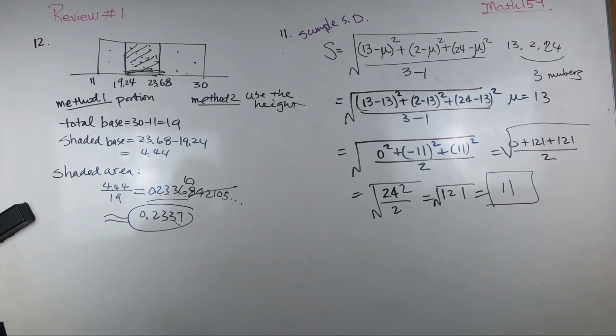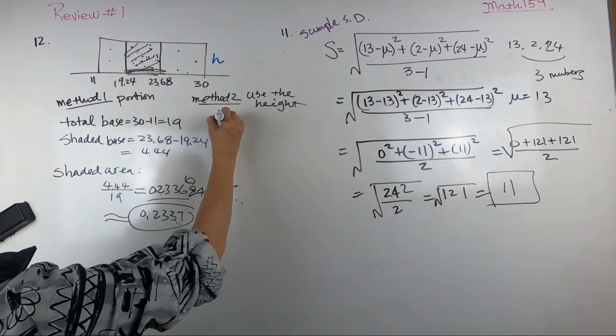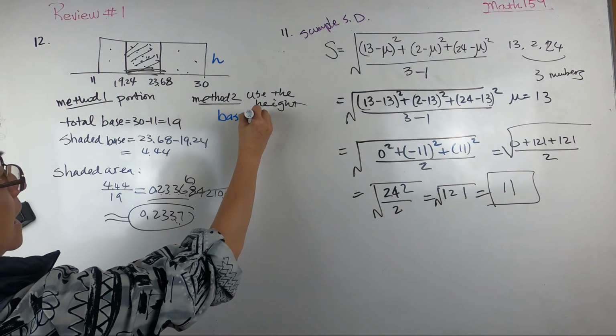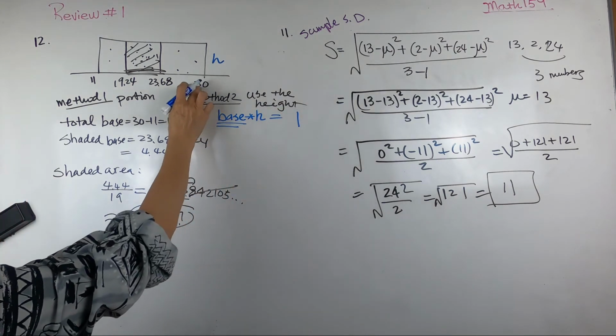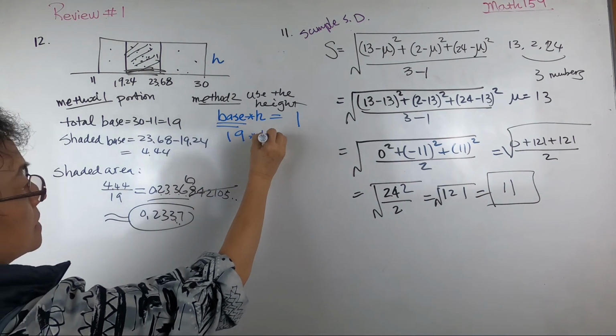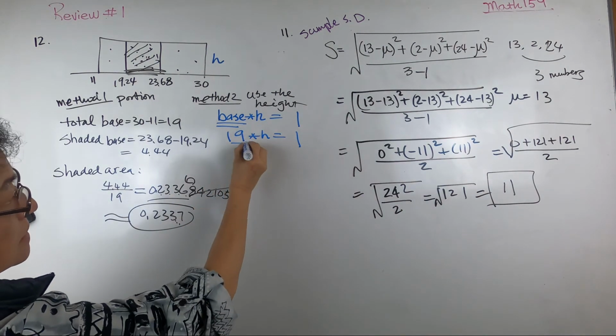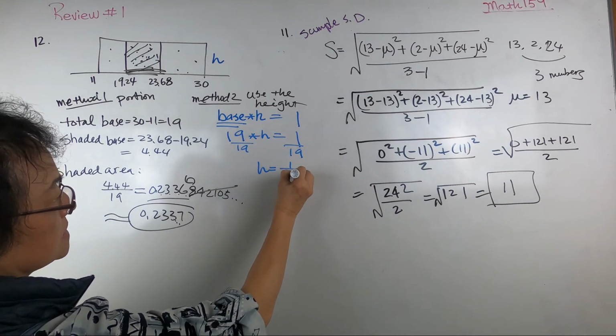Then if you use the method with the height, you have to find the height first, right? So the base times height is 1. The base is 30 minus 11, and base times height is 1. So what's your height? If you divide by 19, the height is 1/19.